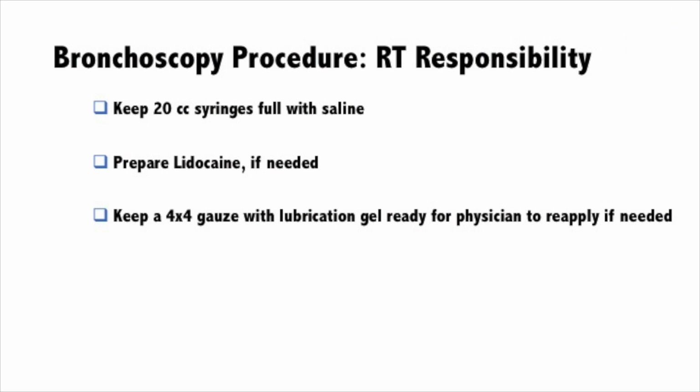So just to recap what Saranya said, we keep the 20 cc syringes filled with saline so that it is ready when needed. We have lidocaine prepped and ready if it is needed. We will keep a 4x4 gauze with the lubrication gel so that it can easily be applied to the end of the bronch. You are also responsible for monitoring the patient's vital signs and maintaining the airway during the procedure.